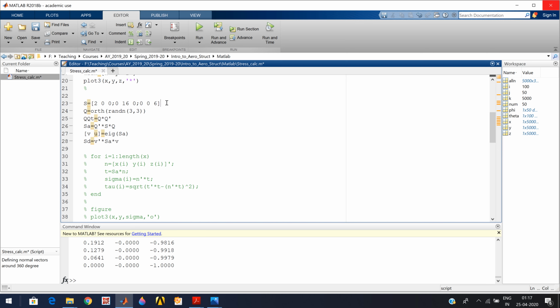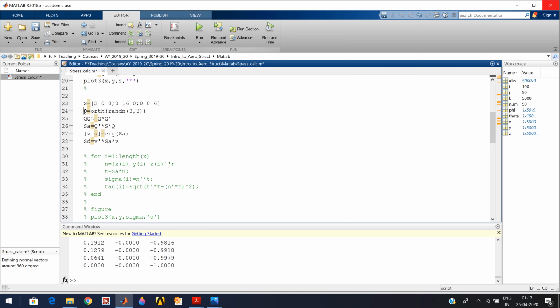That means I'm taking principal values 2, 16, and 6, with known values so that what we get from our exercise interpretation will be good. You can start from any arbitrary stress values also, but then the values we get will also become arbitrary, and we will not probably understand it properly.